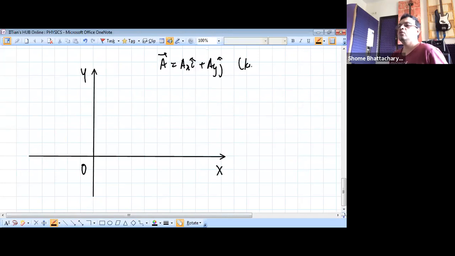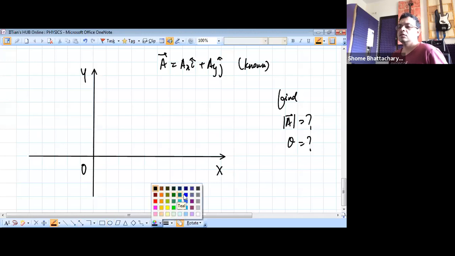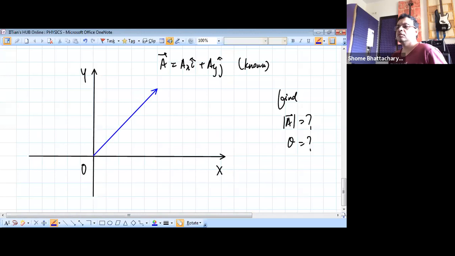If this is a known quantity, how do we find the magnitude of the vector E and the angle it is making with respect to the x-axis? By default, I am taking a vector E whose both components are positive.